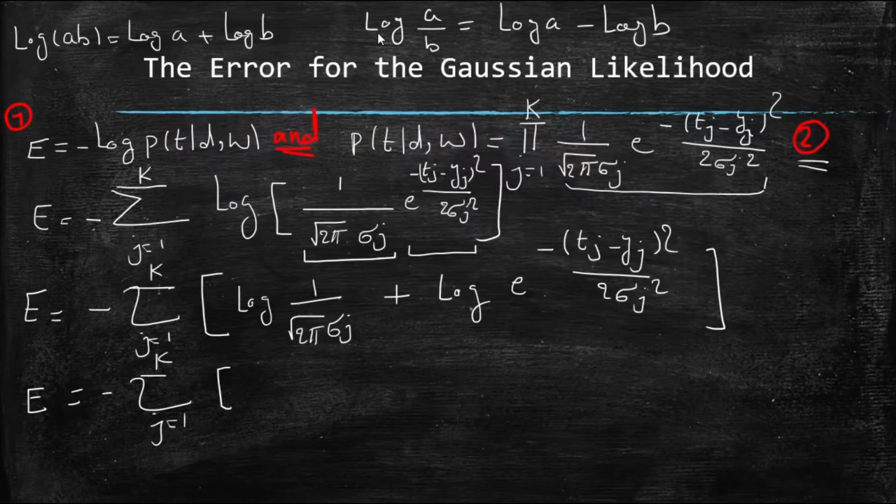A is number 1 and b, the denominator, is this guy right here, right? So this would be the log of 1, which is 0. Log of 1 to any base of the logarithm would be 0, minus the log of the denominator, which is the log of this whole thing, 2 pi sigma j, right?